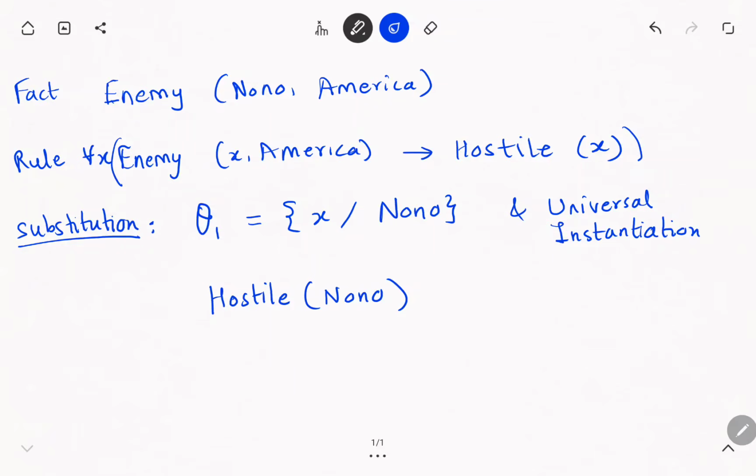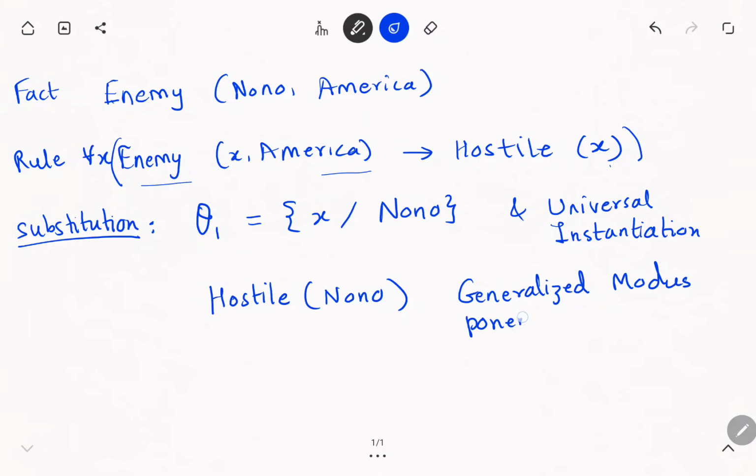nono. Along with this, I am also using modus ponens, that is if p implies q and p is true, then q has to be true. So I am using generalized modus ponens, or simply modus ponens.